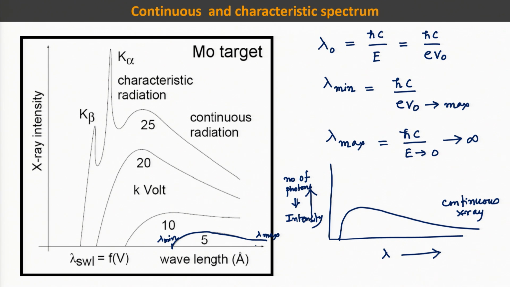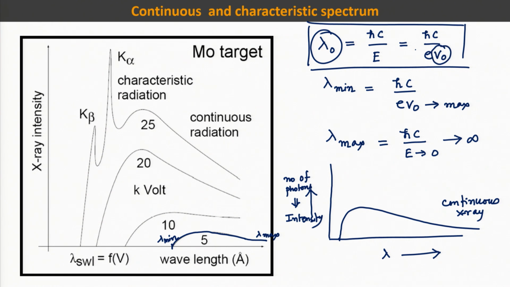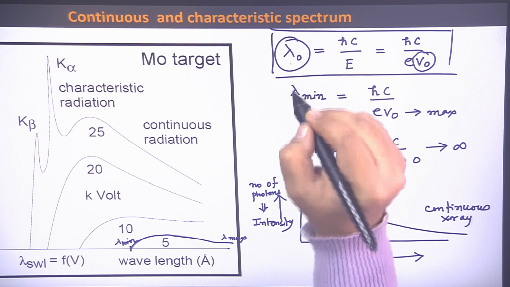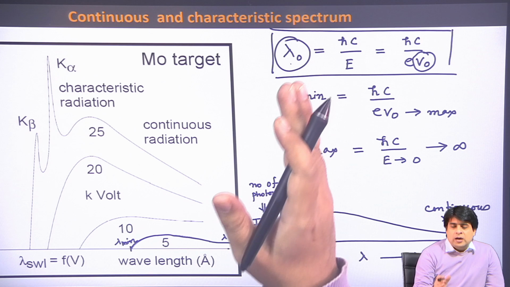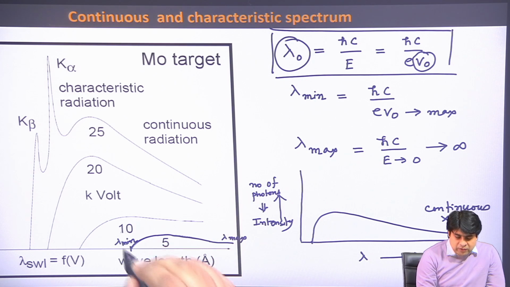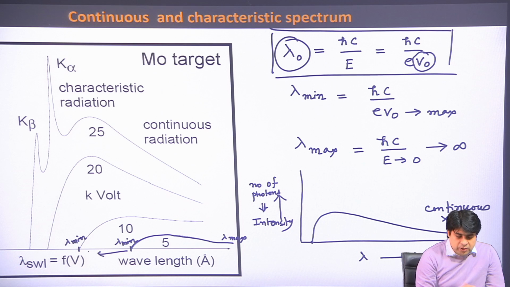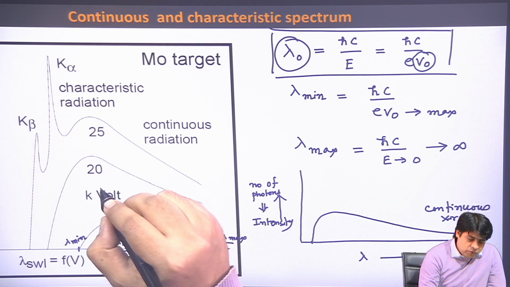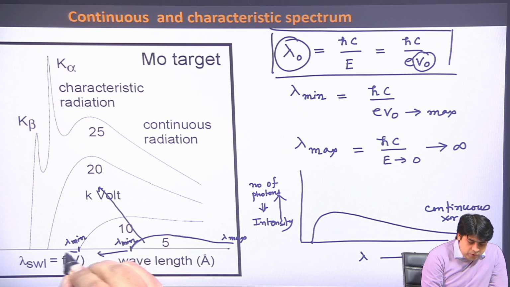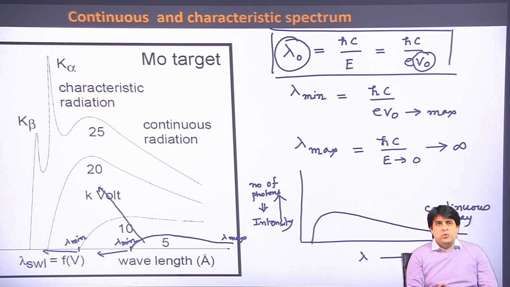If you see this relation, lambda naught is inversely proportional to V0. So, when you increase V0, your lambda naught value, or lambda minimum value, will automatically decrease. So, when you increase the voltage, this value moves in this direction and you get a lambda minimum at a lower value.